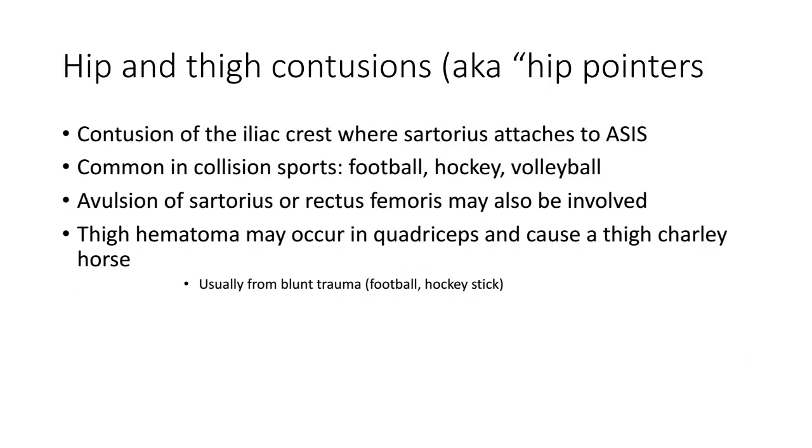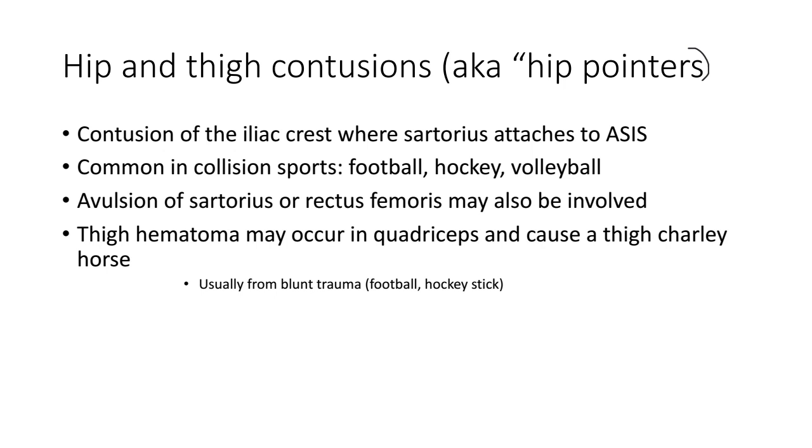So let's go over some clinical applications of the hip and the thigh. Contusions of the hip are called hip pointers, and this is a contusion of the iliac crest where the sartorius attaches to the ASIS. It's pretty common in collision sports like football, hockey, or volleyball.